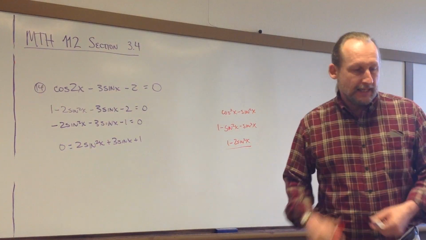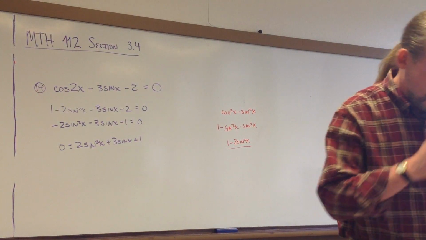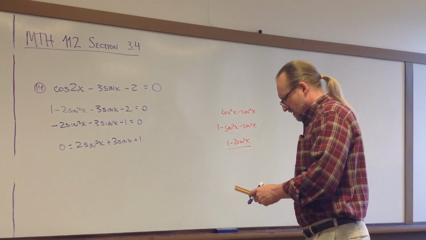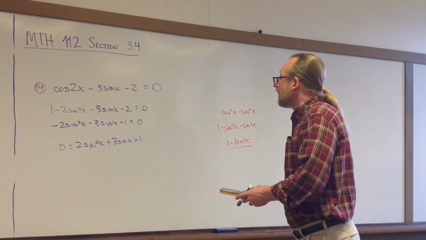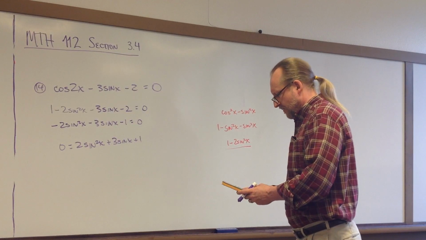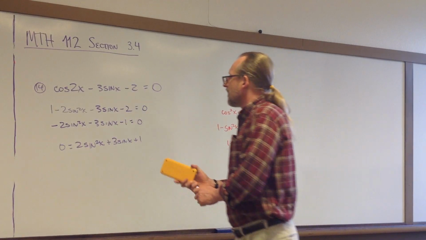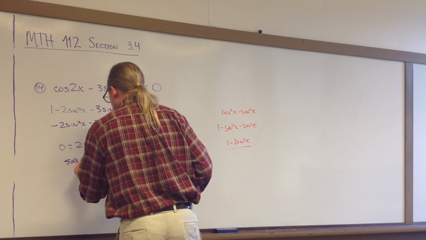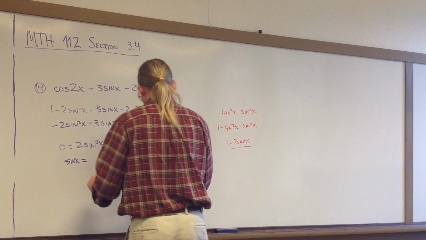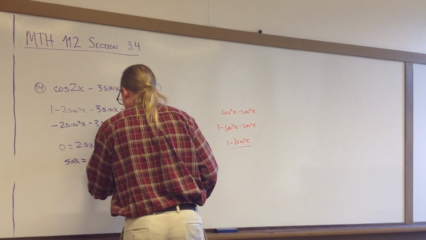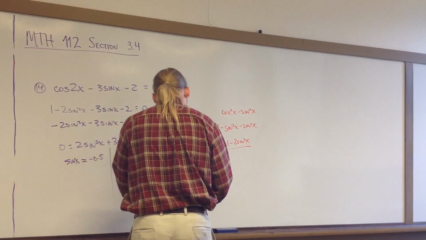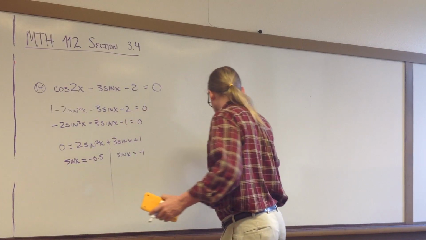Okay, and then I think this looks factorable as well, but again, I'll run it through the quadratic. 2, 3, and positive 1. Yep, so we get sine x could be negative 1/2, or sine x could be negative 1.